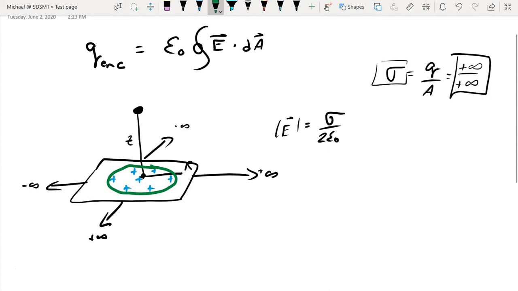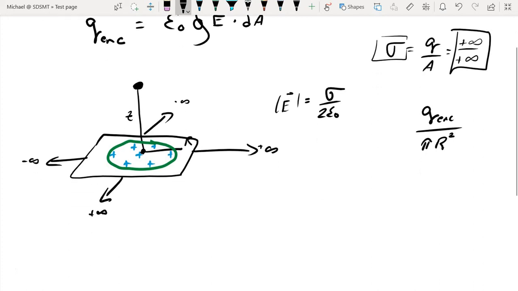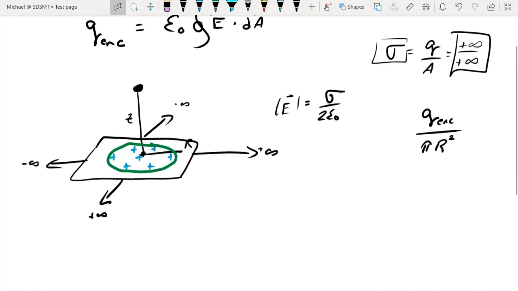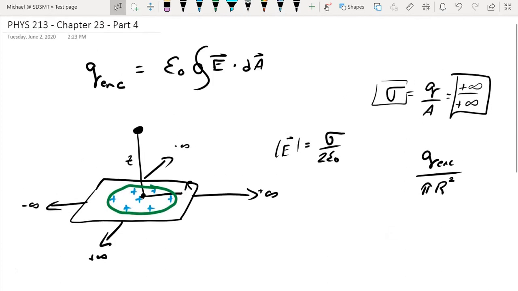And on that disk, there will be a finite amount of charge, hence the enclosed charge, versus a finite amount of surface area, which in this case would be the area that the disk is taking up at radius big R. So that's what we want to try with this particular system. And then if we can reproduce what we had for the disk, then maybe we can reproduce what we had for the infinite sheet.